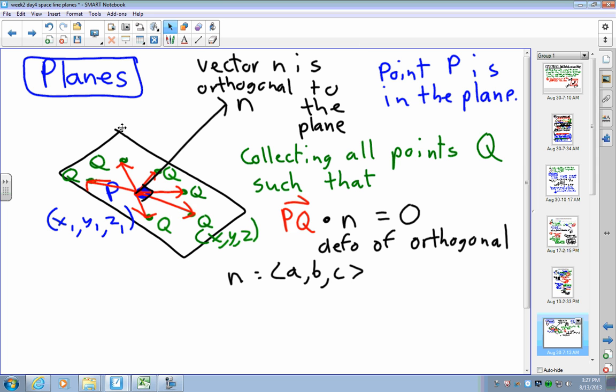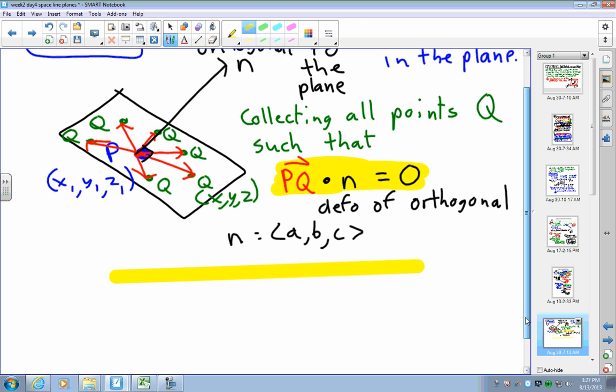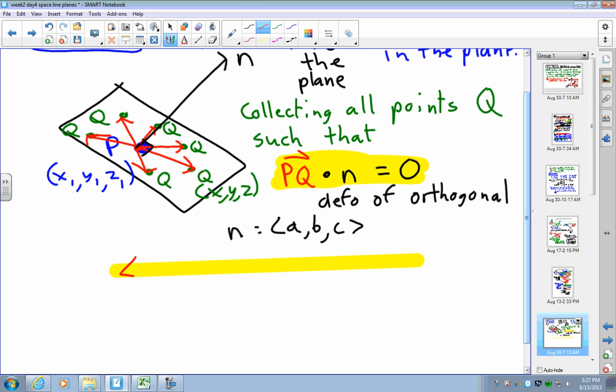So if my whole goal is to find all of the orthogonal vectors, we will do that by saying the red vectors, which are x minus x1, y minus y1, z minus z1, all of those dotted with a, b, c, that's the normal vector, needs to equal 0.